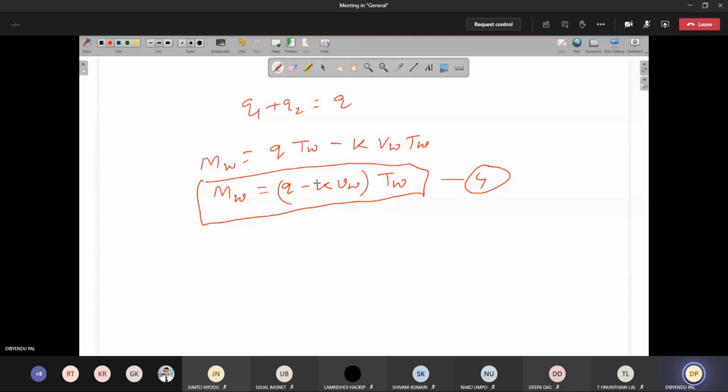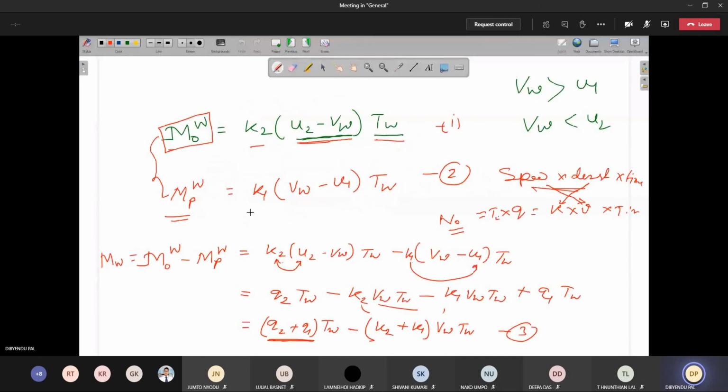Now, till now what we said is that our test vehicle was moving with the stream. When the test vehicle was moving with the stream, we calculated the difference between the number of vehicles that has overtaken the test vehicle and the number of vehicles the test vehicle has overtaken.